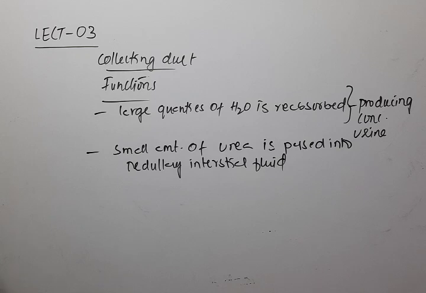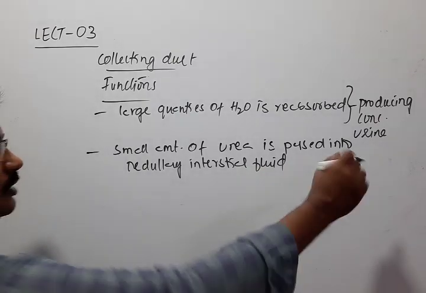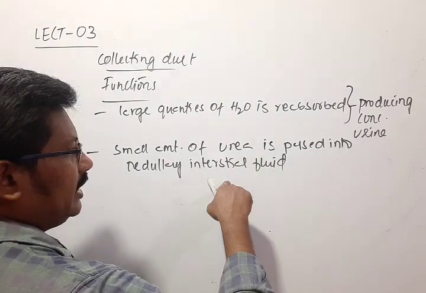I told you that in the medullary region these tubules are all surrounded by fluid, and we call it medullary interstitial fluid. As a small amount of urea is passed into it, it will help in maintaining the osmolarity in the medullary interstitial fluid.